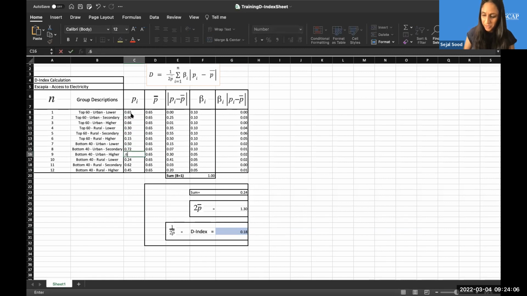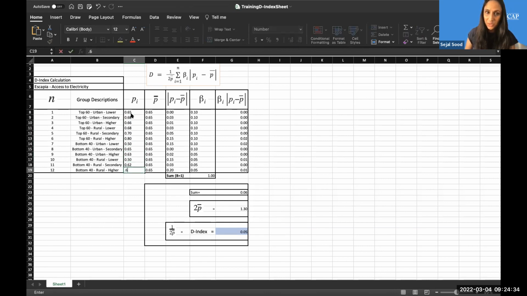Similarly, if we were to make the access rates very close together, it would actually indicate that there's not as much inequality. So it can just equalize.